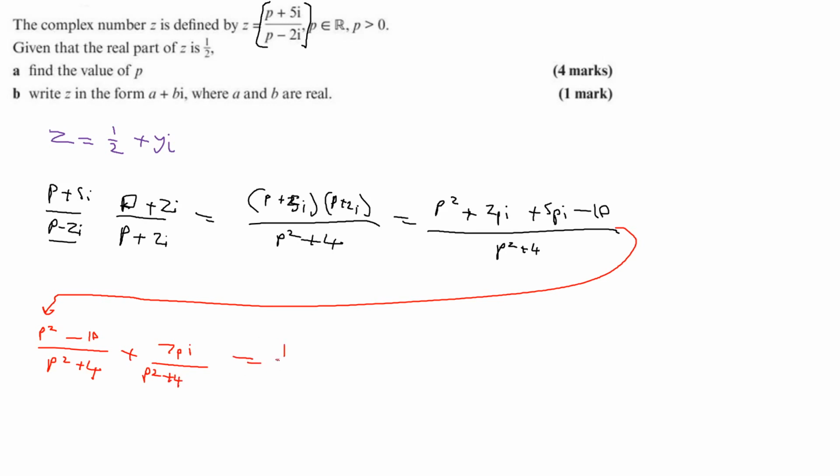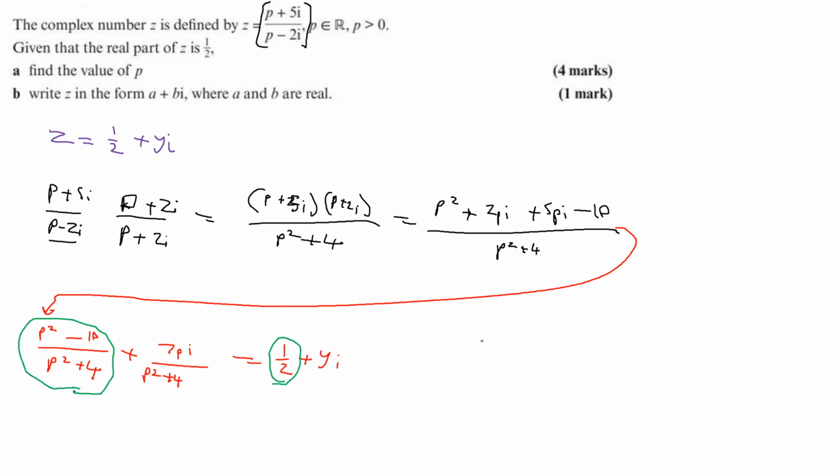That's the same as a half plus yi. We don't know what y is, but we also don't care what y is, because we know the real part is a half, okay? So therefore, we can work out what p is from here. We can solve this equation.